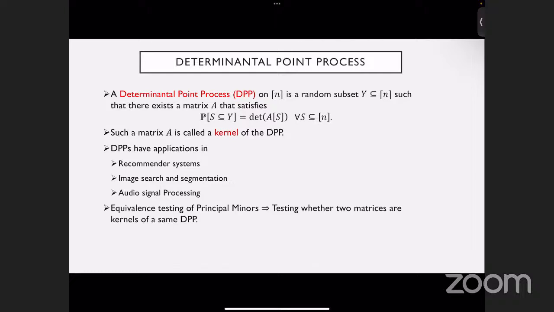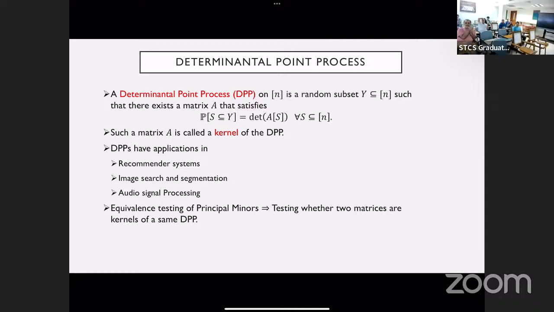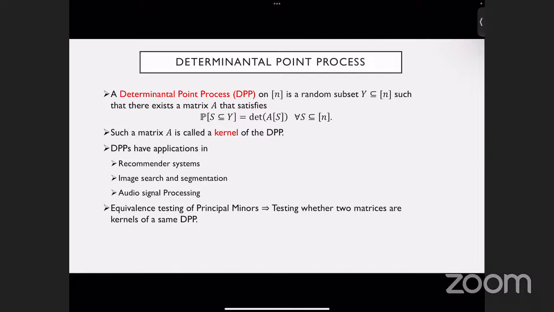Now suppose the question asks that, given two matrices, we have to decide whether... Can you explain why this is useful in recommender systems and all of these things? For recommender systems, suppose there are n objects and we have to decide what subset of objects to recommend to the users.